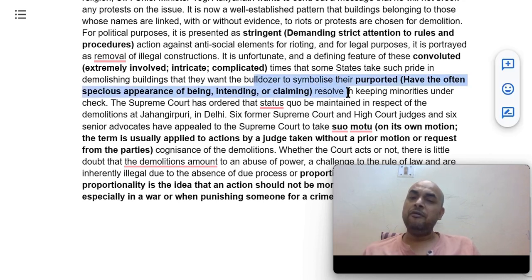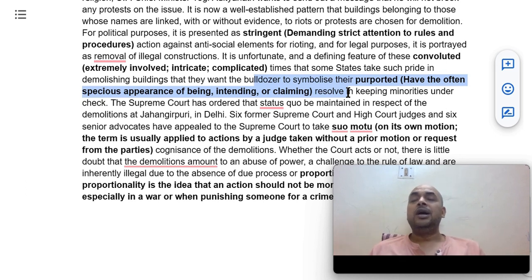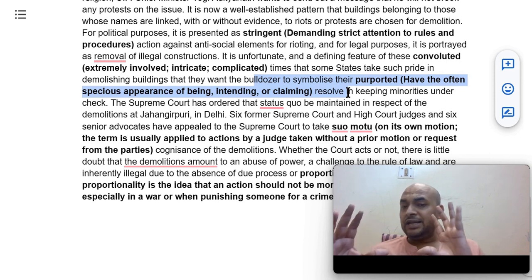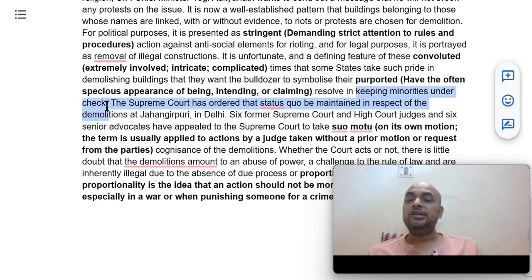Which kind of resolve? Purported resolve. Purported means appearance of. So what appearance is the resolve having? The resolve has the appearance of a bulldozer. For what purpose? To keep minorities under check.